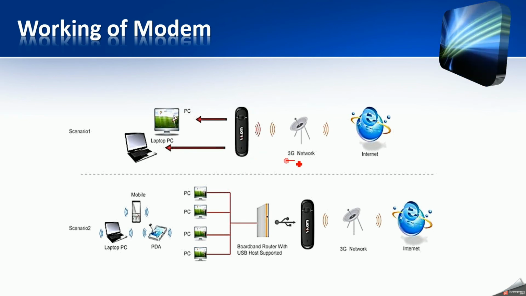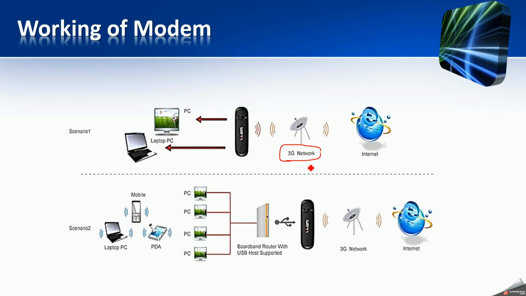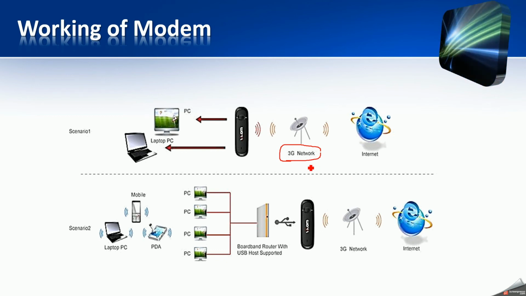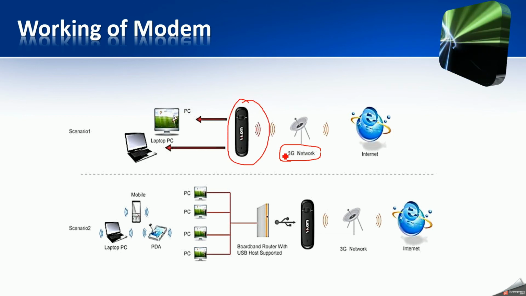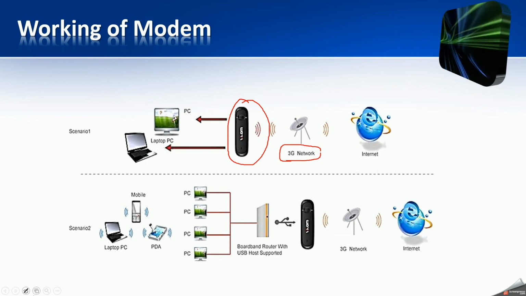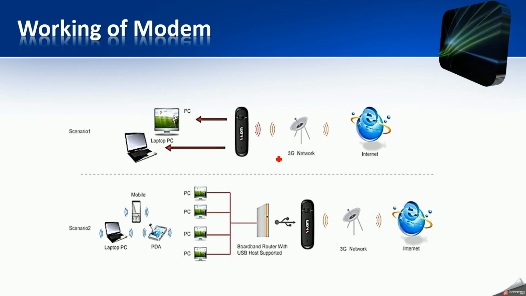Now you can see 3G network, although 3G has been replaced by 4G, and very soon it's going to be replaced by 5G networks in the coming days. So when we used to have a 3G modem, you can have any data card providing you with a 3G network or a 4G network, depending upon the network coverage in your area.